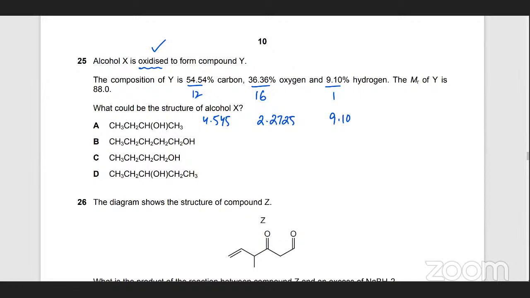Now tell me, divide by the smallest. If you divide by the smallest, what is the ratio that you're getting? It will be 2:1:4. So it's going to be C2, O is 1 and H is 4.